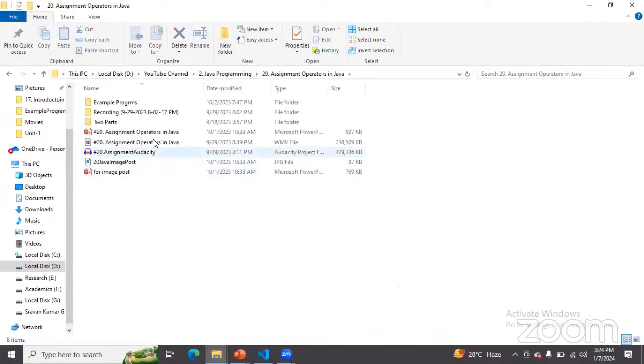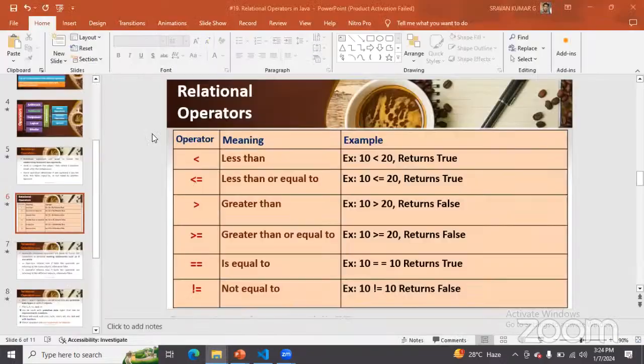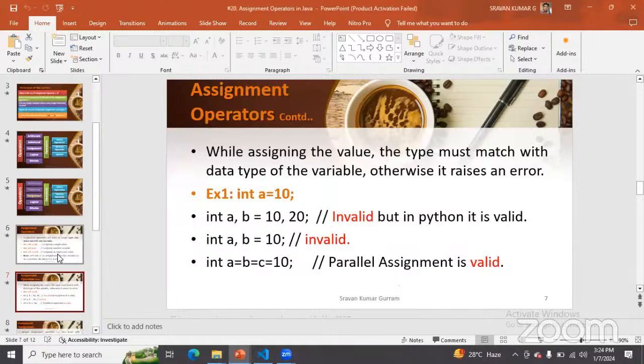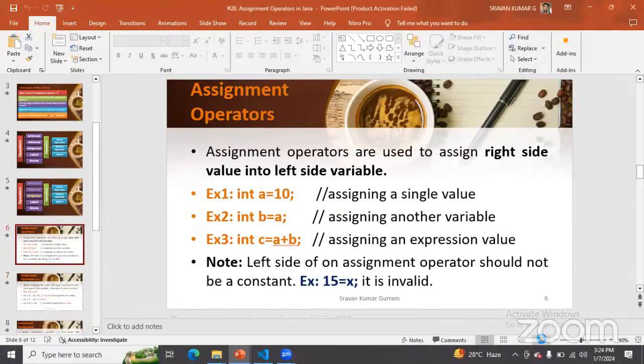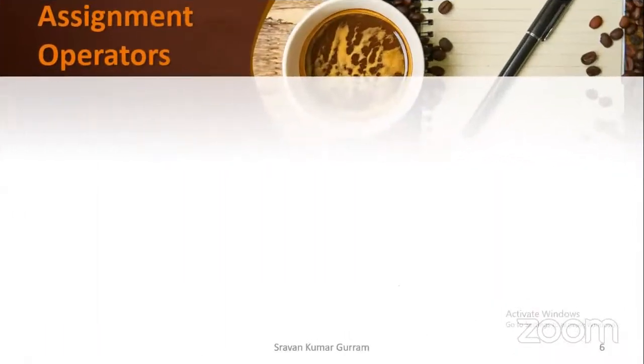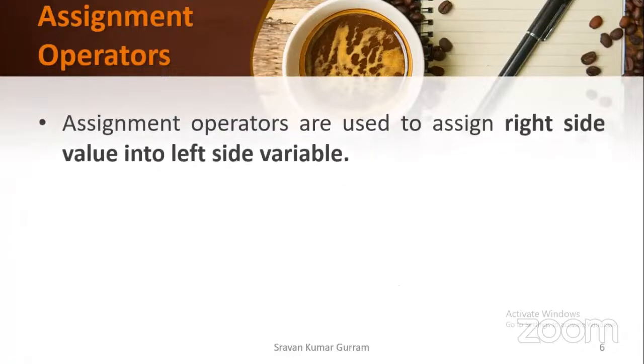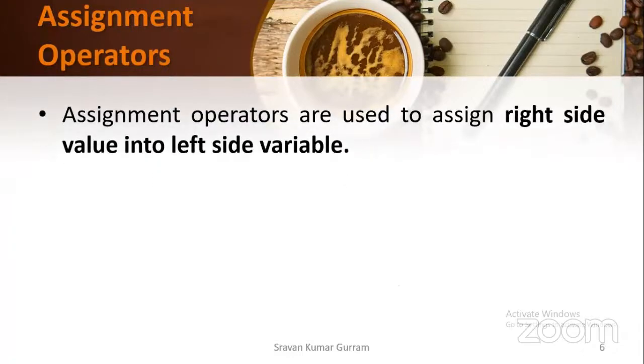Next category is assignment operators. Assignment operators are used to assign the right side value into the left side variable. Simply, an assignment operator is used to assign a value.